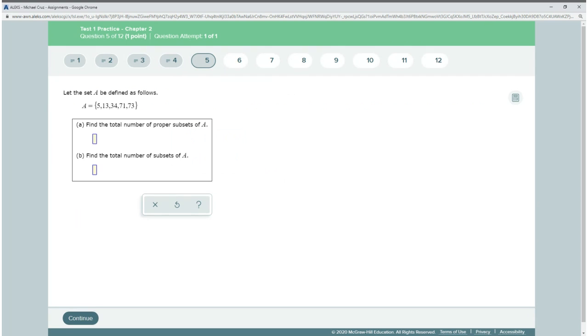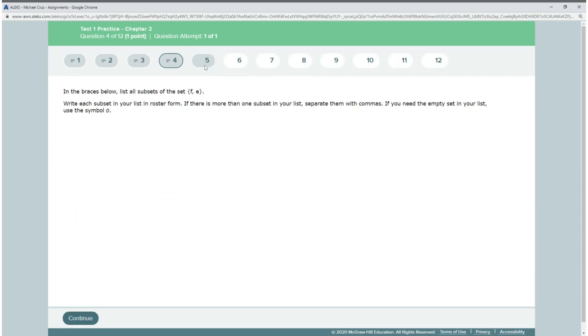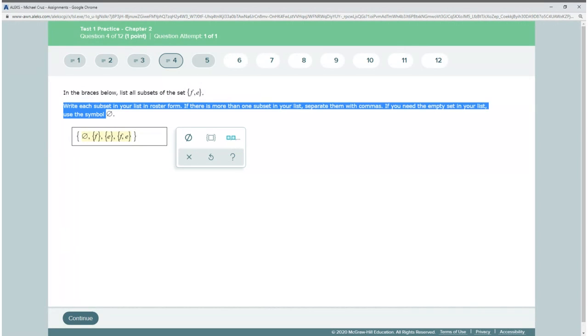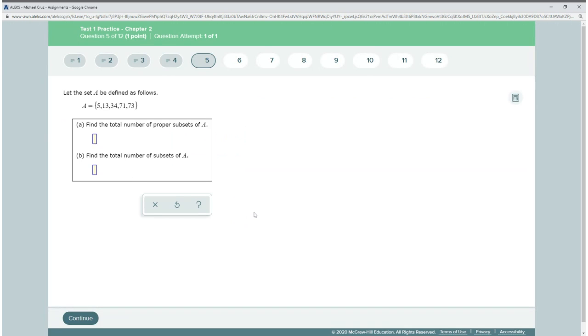Like, I will put F and E, but I never would add the empty set. Well, if they're asking for subsets, then the empty set's going to be there, because that's the only way you can get 4 of them. And that's the way you determine. And you're going to see here, look. Now, this one doesn't ask you what they are, because when you've got a large set, it's a pain in the neck to get them all. But we know how many there are by that formula.